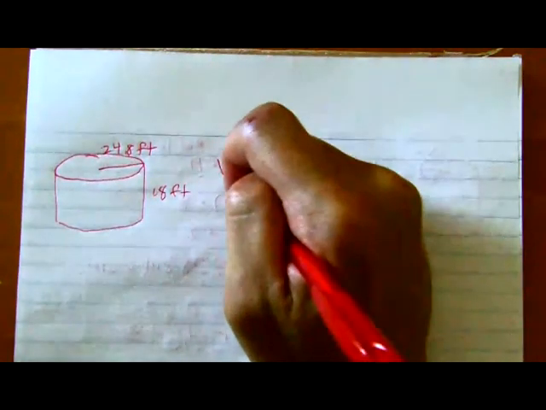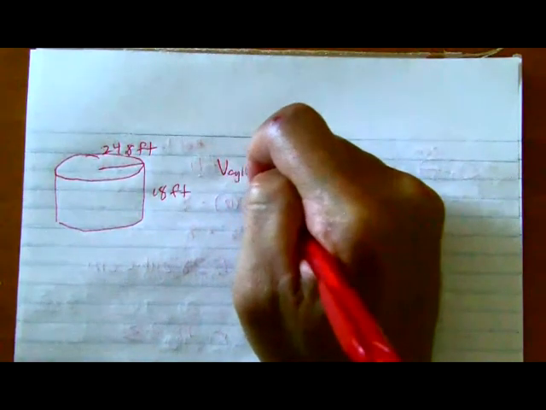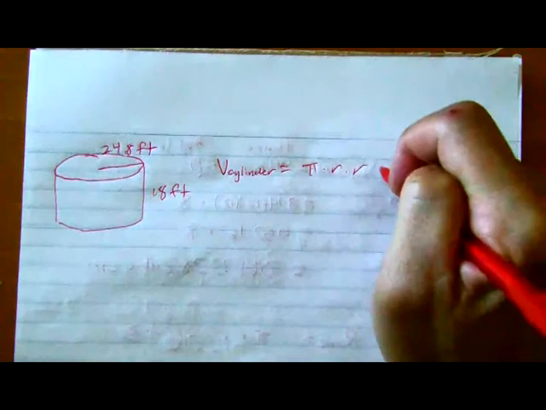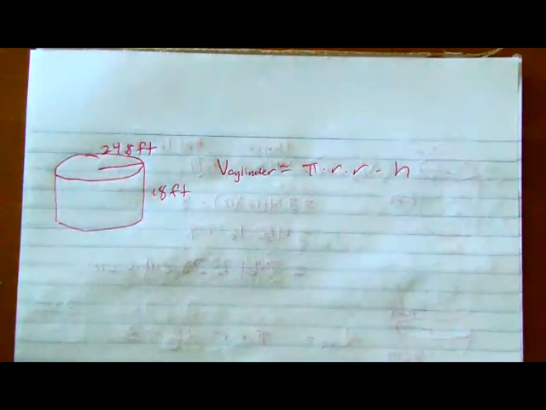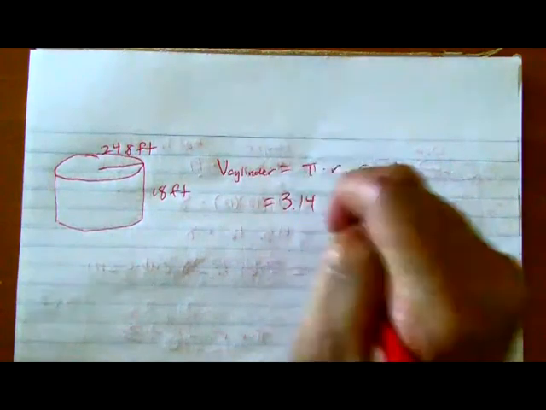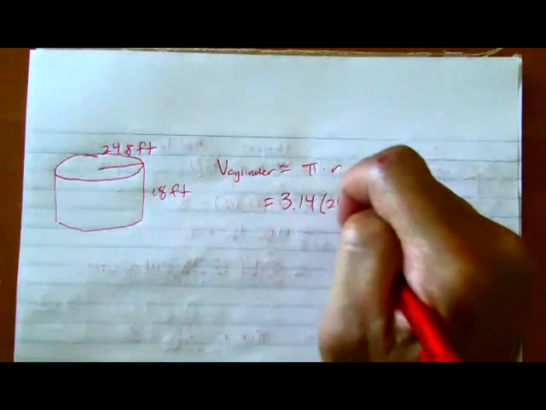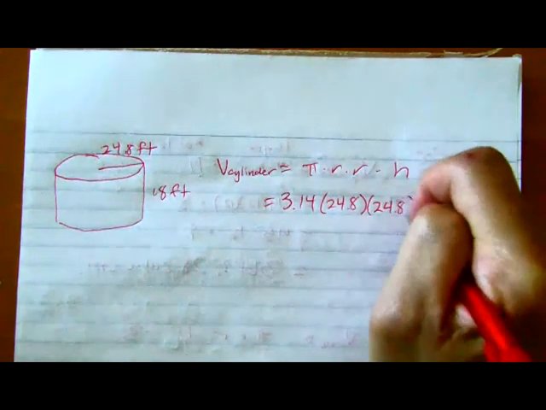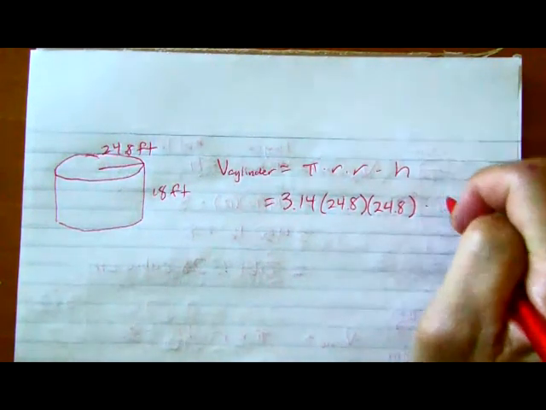Okay, so volume of a cylinder again. Pi times radius times height. 3.14 times 24.8 times 24.8 again times 18.